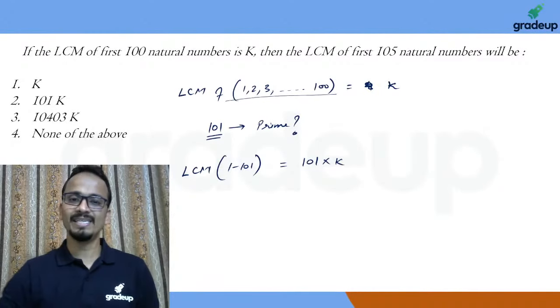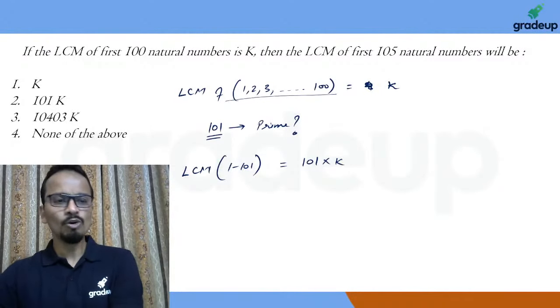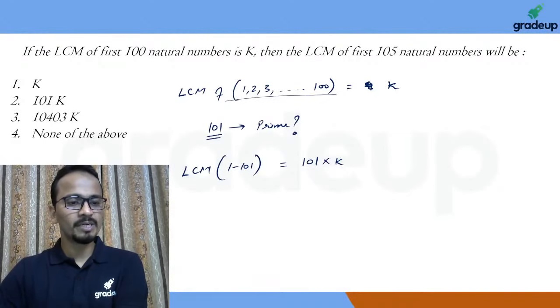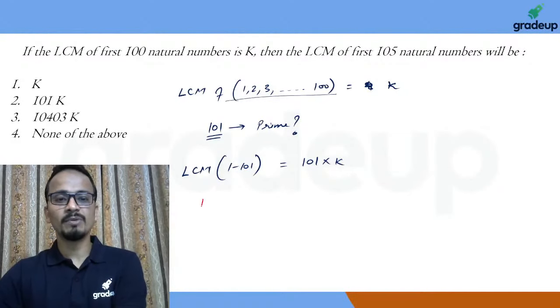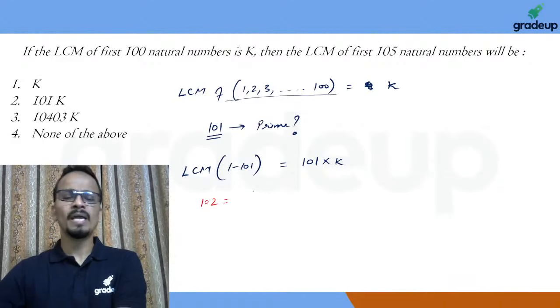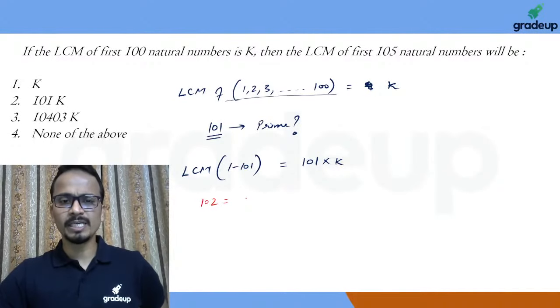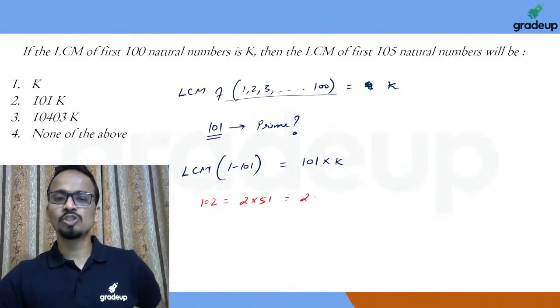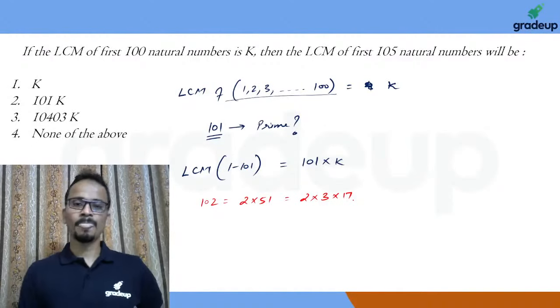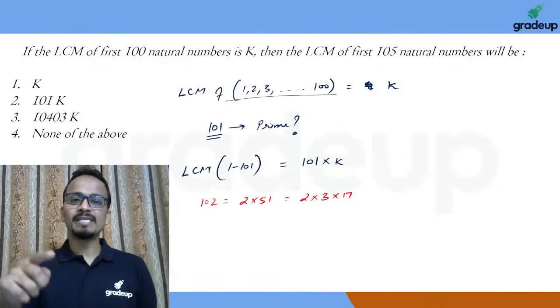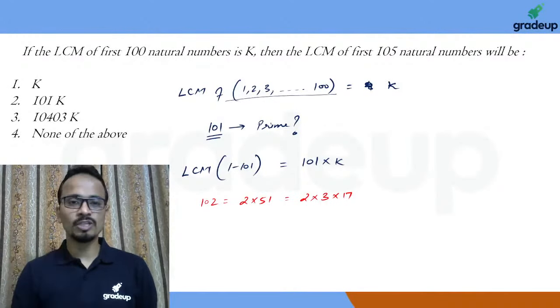Since 101 was a prime number, it will be multiplied with the LCM of the previous numbers to obtain the new LCM. Now, moving one more step ahead, I'll consider the next number, which is 102. 102 is basically 2 into 51, or 2 into 3 into 17. Now 2, 3 and 17 are all already present in the first 100 natural numbers.